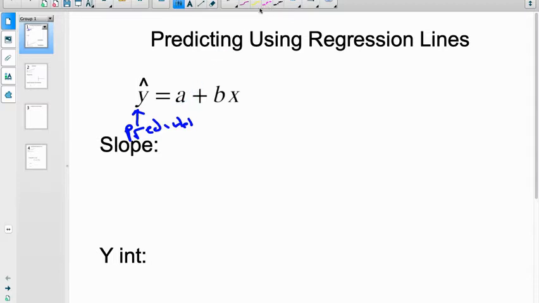And then we have a plus bx. A is your y-intercept, and b is your slope. So your slope is b.